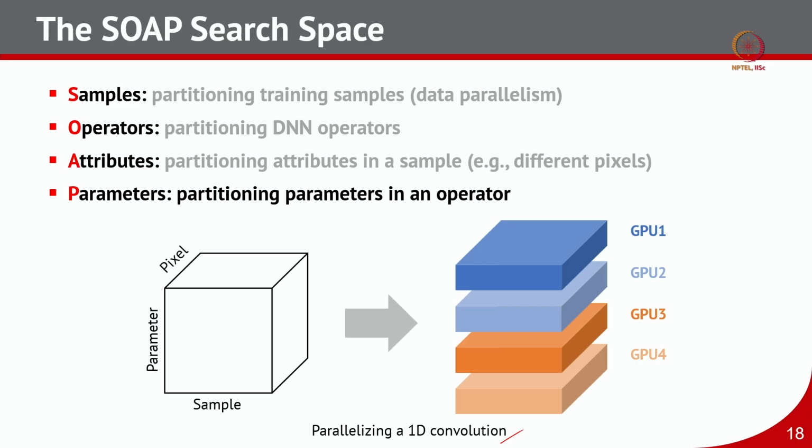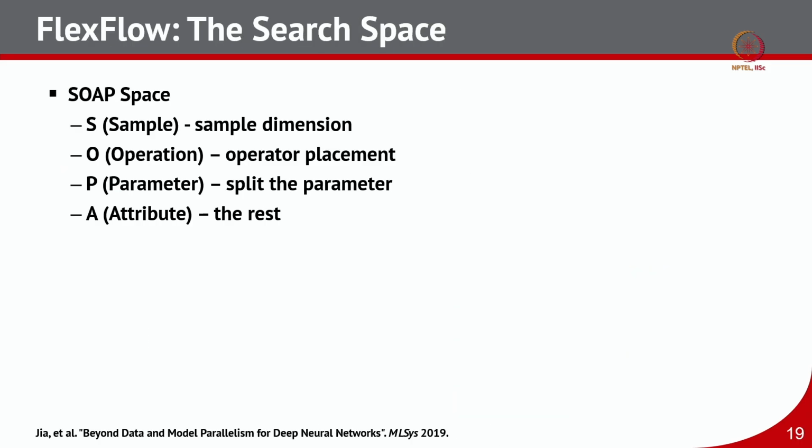Remember, each partition will get convolved with many filters and kernels. So, each filter is executed on each partition, and each partition of the activation is mapped onto one GPU. So, this is the whole search space.